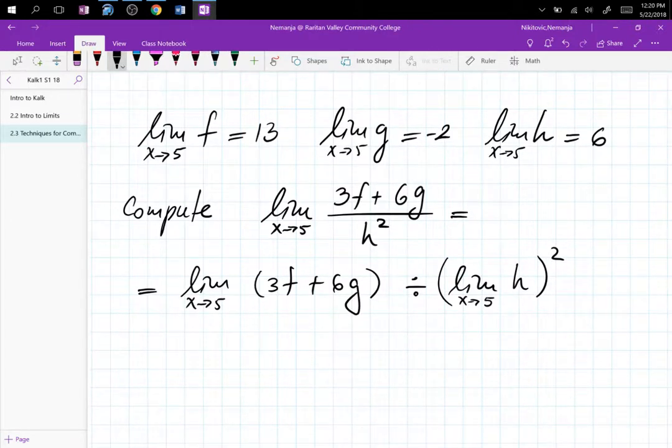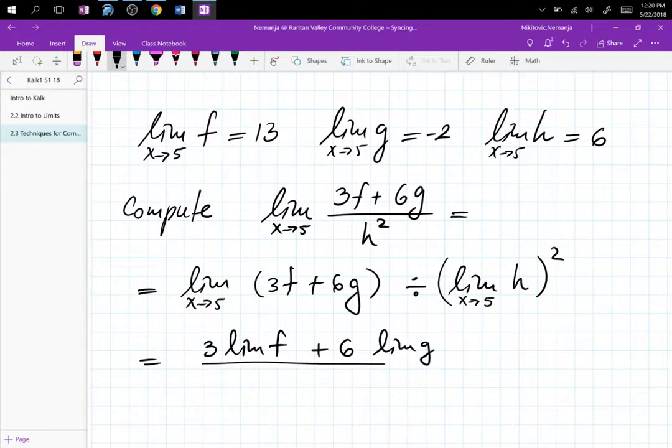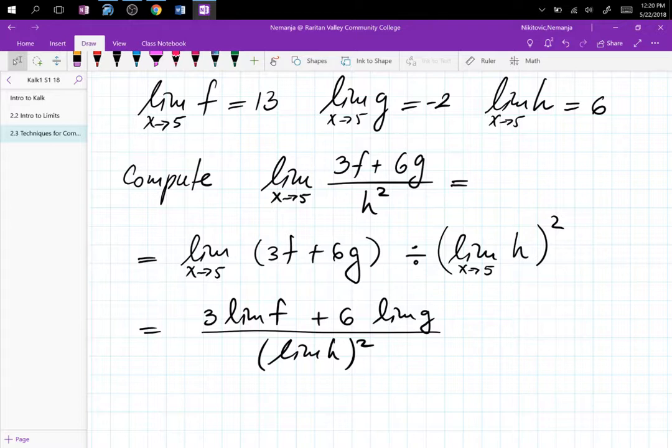Now you can break each one of these into parts. Remember, you can kick 3 out. So you have 3 times the limit of f plus 6 times the limit of g, divided by the limit of h, squared. And now you get to swap them.